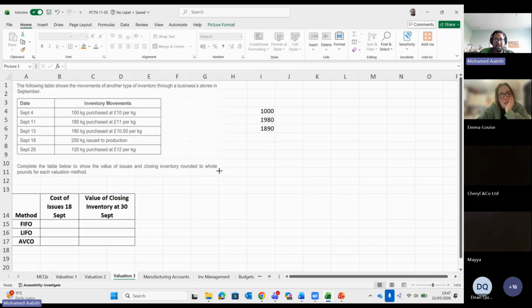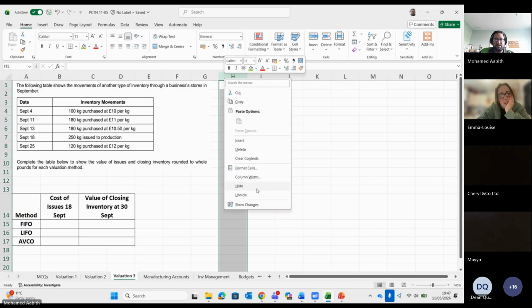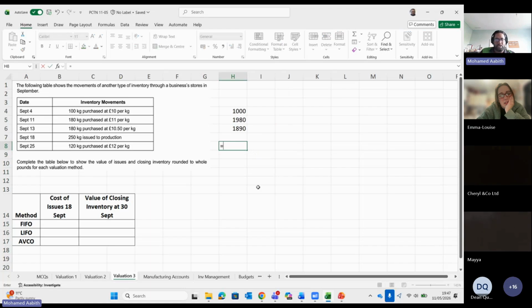And then last but not least, we also have received some more stock. So we have the number now for the last one: 120 times 12 kilos, 1,440. So these are the stocks we have received. This is the total value of my inventory here. So let's do a quick subtotal here, subtotal there.